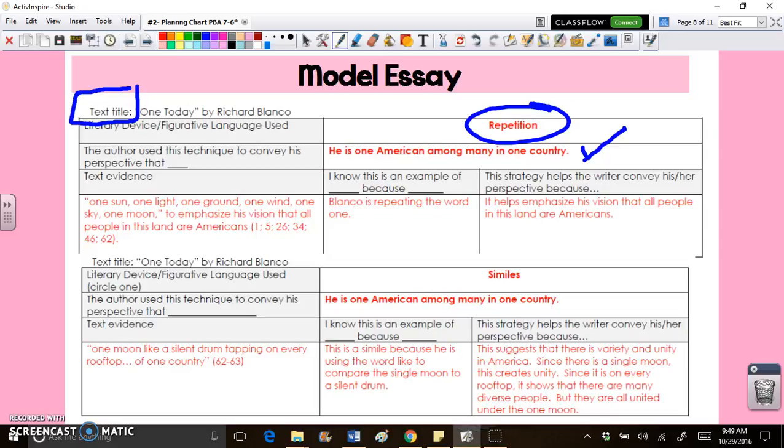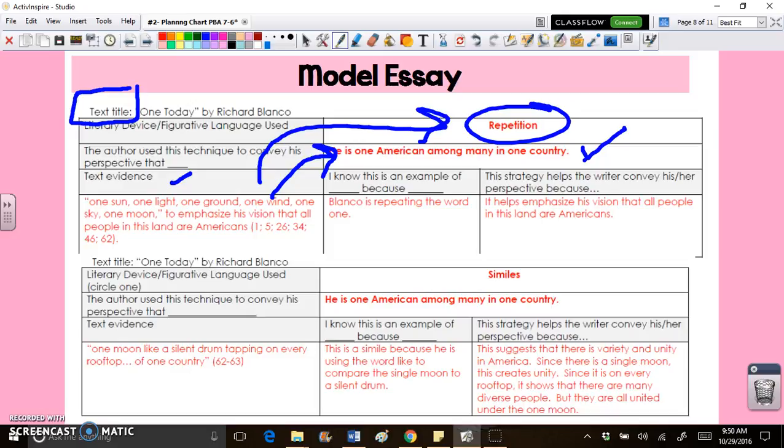You then want to find your text evidence, and that's going to go into this column here. Once you have your text evidence, and again, this is text evidence that shows your technique but also shows this perspective. Now, we've talked about this in class, that you can have an author using a technique, but that technique might not be showing the key idea that you're looking for.